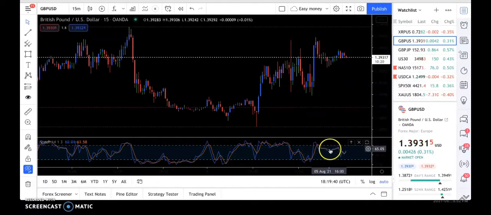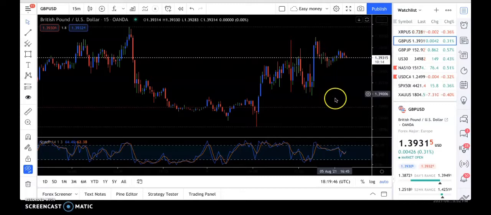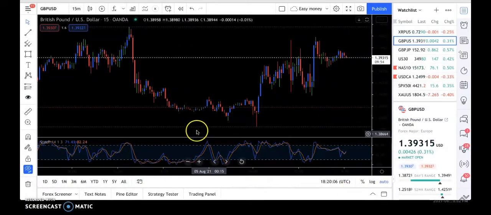We got another little drop, which is this right here. And so what we're looking for this to do is either buy back up to this level right here. I think it has a little bit more room to buy up to this level or to this level and then sell. But it's just a 15-minute time frame.